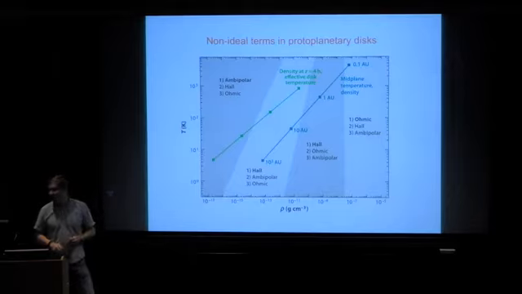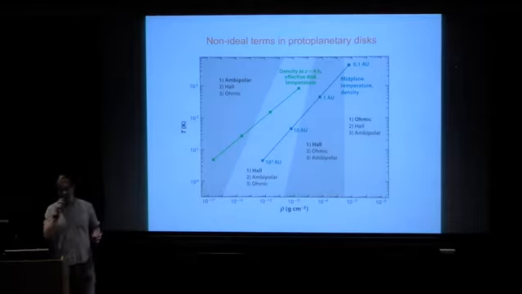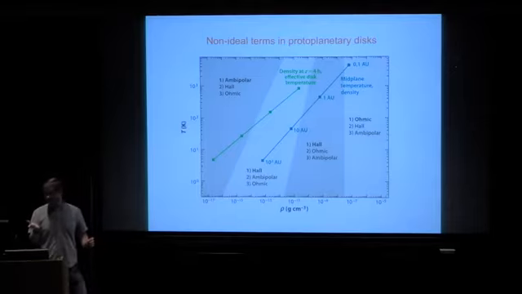Yes, this does have to assume a magnetic field strength, and so this is assuming, I think, a magnetic field that would give a Shakura-Sunyaev alpha of 10 to the minus 2. But you do have to make an assumption about that. So yeah, this is right. Remember we said that the ambipolar part, all these terms in general, depend on the magnetic field.